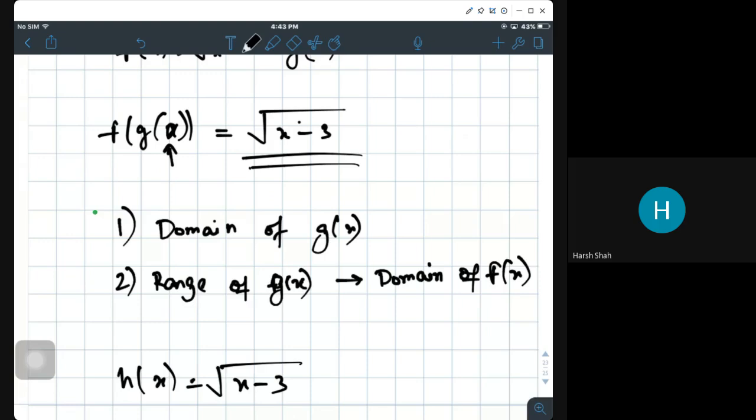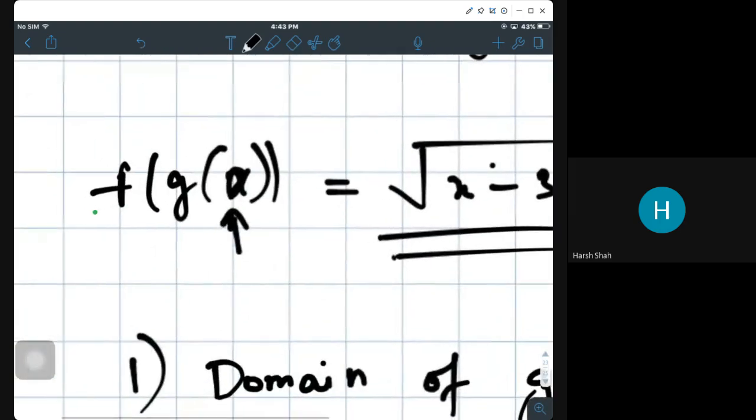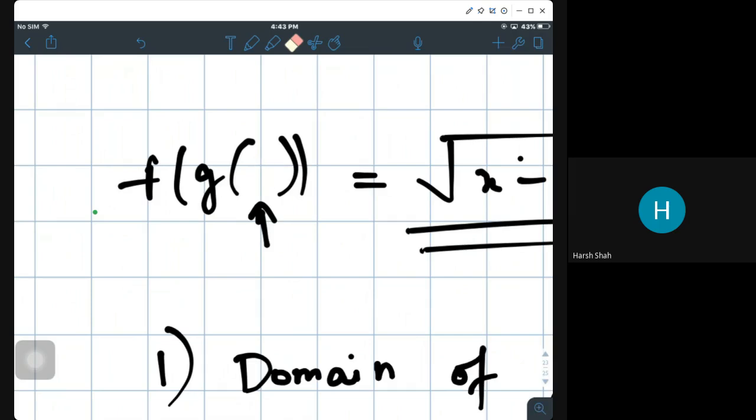If I try to explain this f of g of x: if you want the composite function to exist, first g(x) should exist. If this is not there, then the composite is also not there. So first I find the domain of g(x).